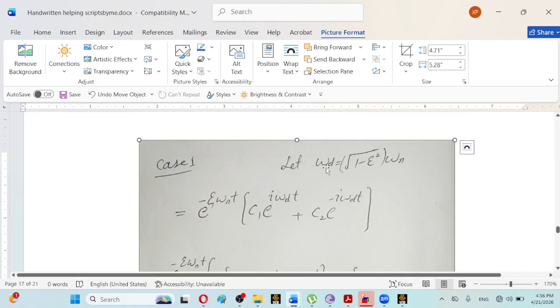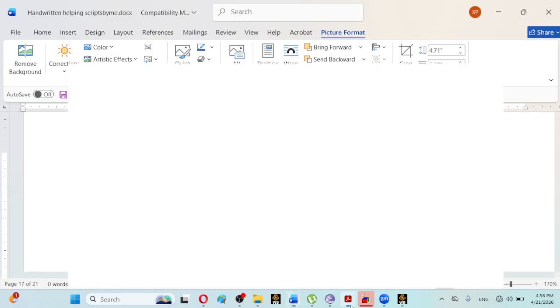For simplification, the author will later be using this formula, but I have used it here so that it is easier for you to write. So this equation has been written in this form.